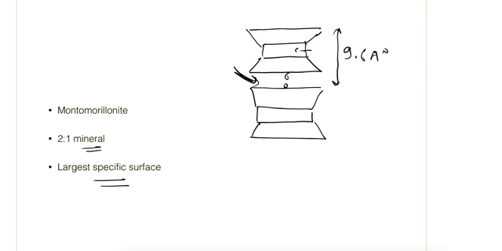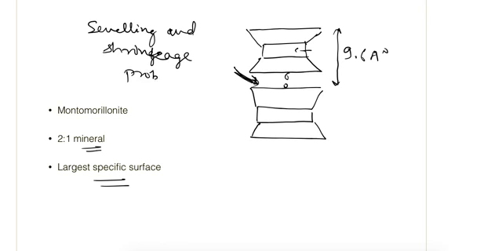Because of that, it can carry other charges on its surface. Some other cation may come here and take its place. So because of that there are swelling and shrinkage problems, because these two units are just connected by van der Waals forces, and these are not as strong as the hydrogen bond.